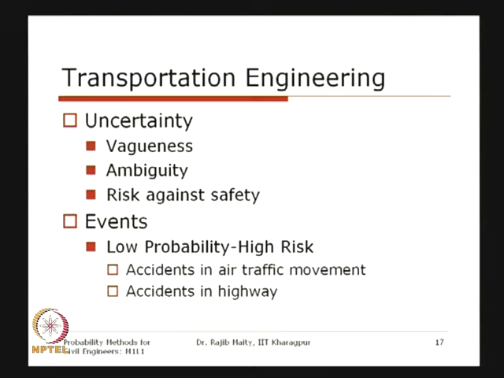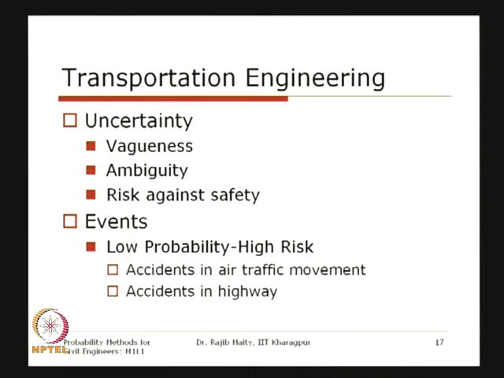So here is one area where probability can play a role. Similar to structural analysis, here also we generally want to provide a very low probability, because the associated risk is very high, in terms of tolls and others.